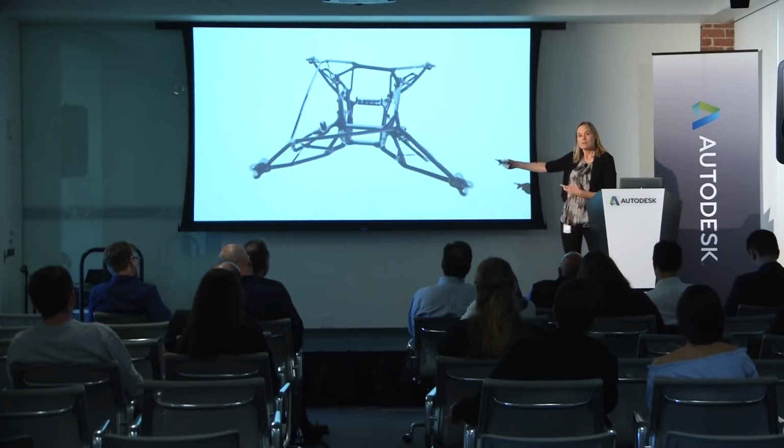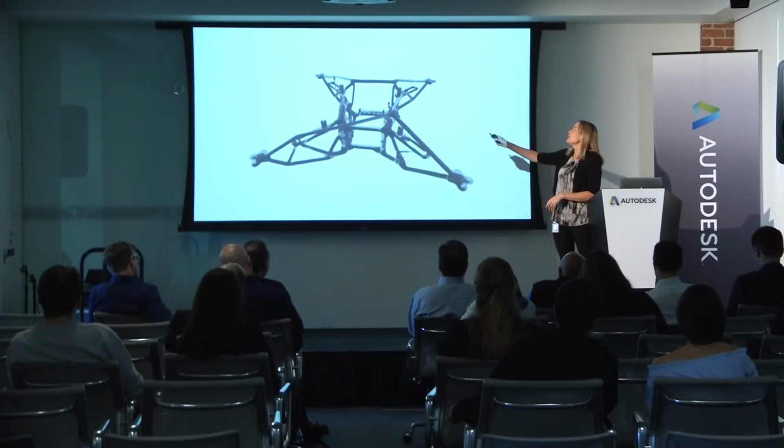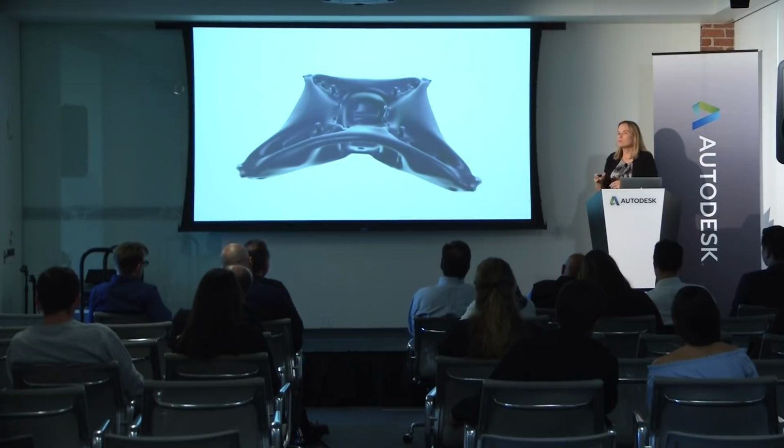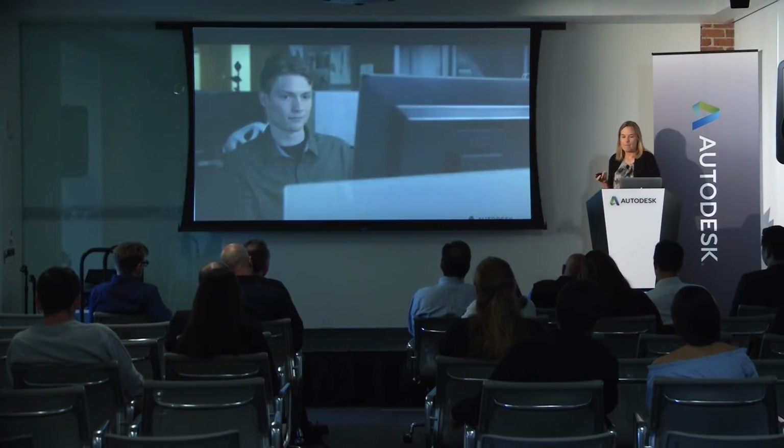So with the drone body that you see here, these are multiple different solutions that the generative design tool produced when given simply the gravity load of the battery and the lift of the props. And if it looks like you were seeing something akin to erosion there, that's right.